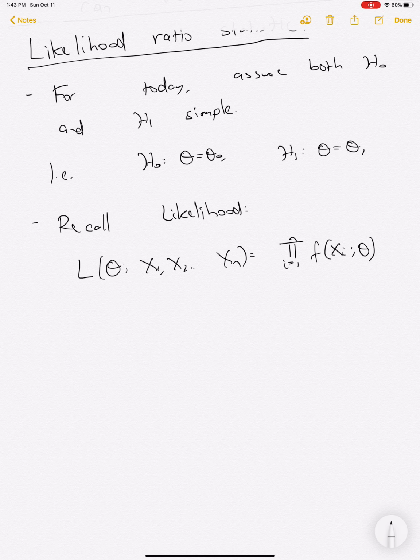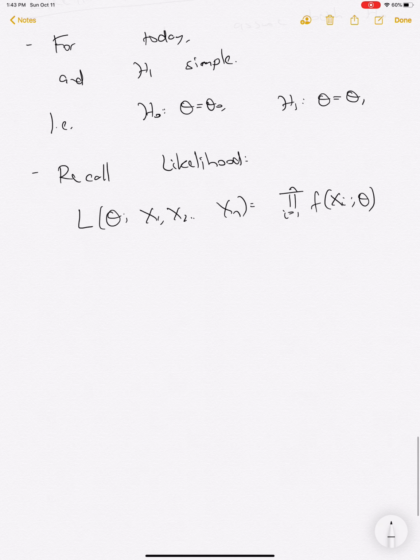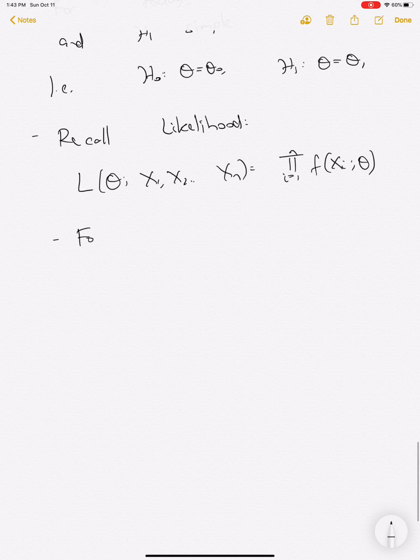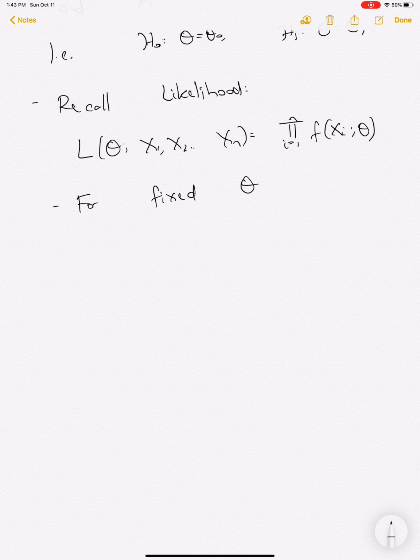The joint PDF or PMF is just the product of the different PDFs or PMFs. This is the likelihood for fixed theta. And remember that the goal of maximum likelihood was to find a theta that maximized this likelihood. We're going to see that that's a very useful tool in this chapter as well.